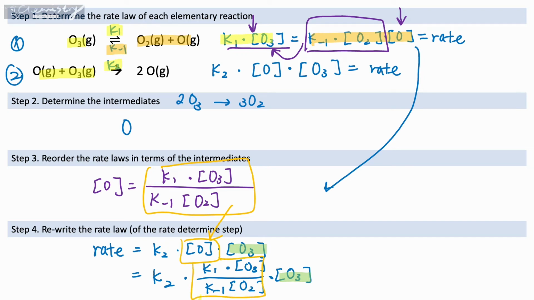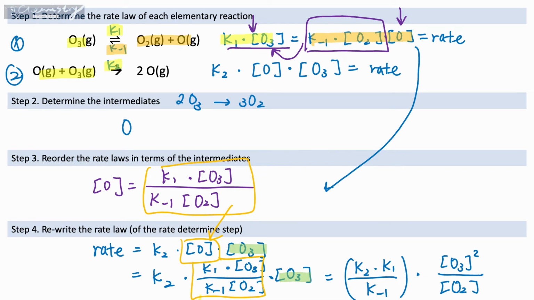So we have to clean this up a little, and then after we clean it up, we have K2 multiplied by K1 divided by K-1. So these are all the K's multiplied by O3 squared, because there is O3 and O3, so multiply by each other, that is squaring, divided by O2.